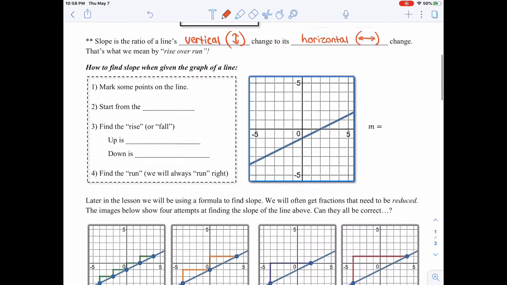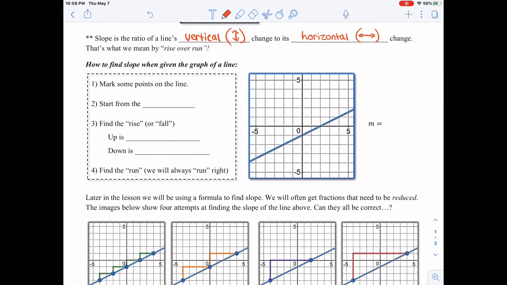Okay? So for this next step, we're going to find the slope given that we have a line graphed here. First off, we're going to mark some points on the line, and you're always going to start from the left, okay? Now, it will depend what teacher you have. I was always told to start from the left, but you don't necessarily have to, and as you practice a little bit more, you'll see why. But to start off, I want us all starting from the left.